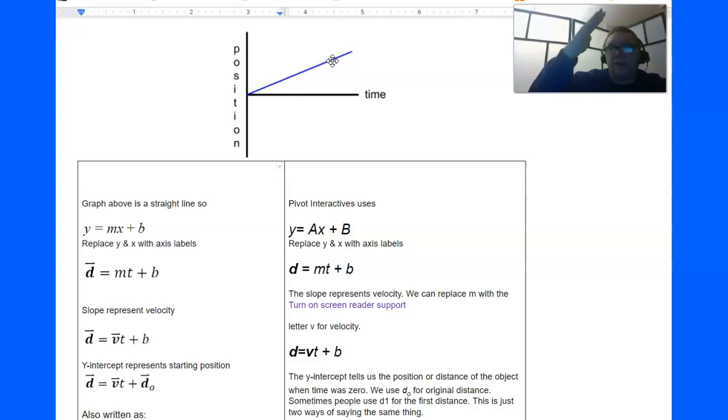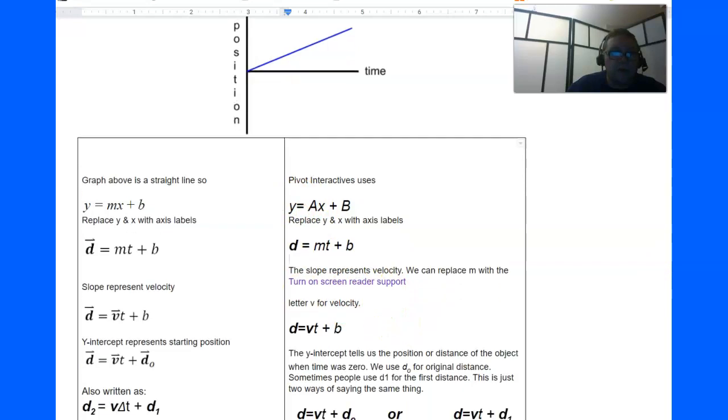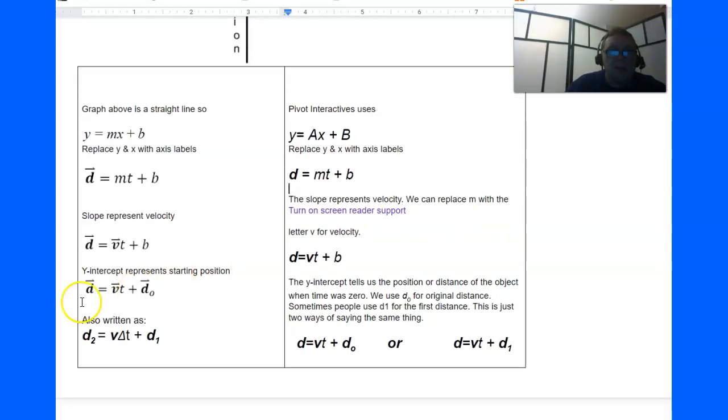The more shallow that line is, the slower we're going. So if the slope represents velocity, now we can say d equals vt plus b. I did the same thing over here, off of that y equals ax plus b column.